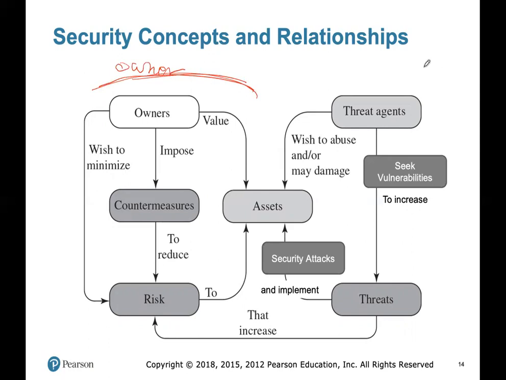And also here at the right side, we have the attacker or adversary activity.